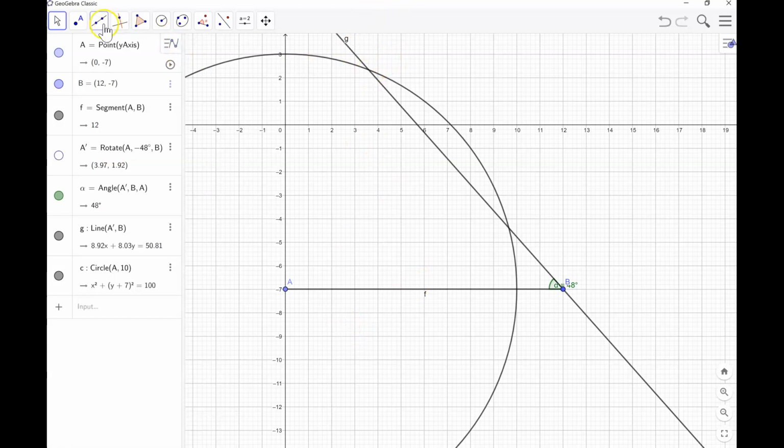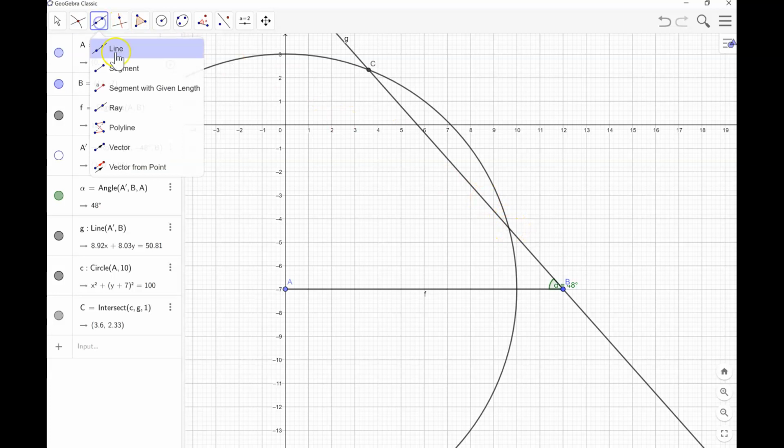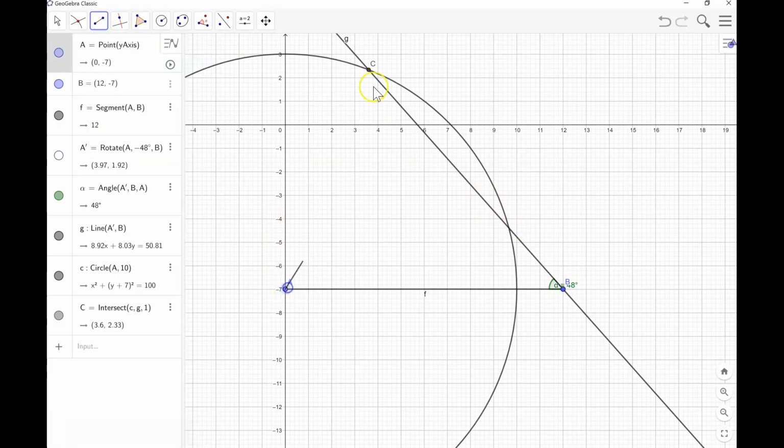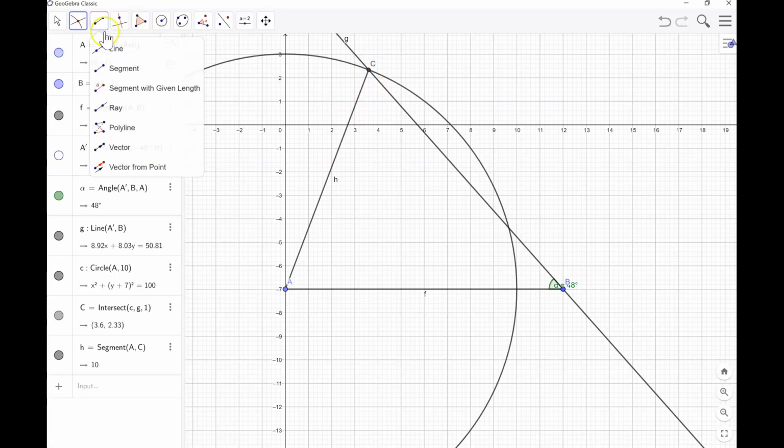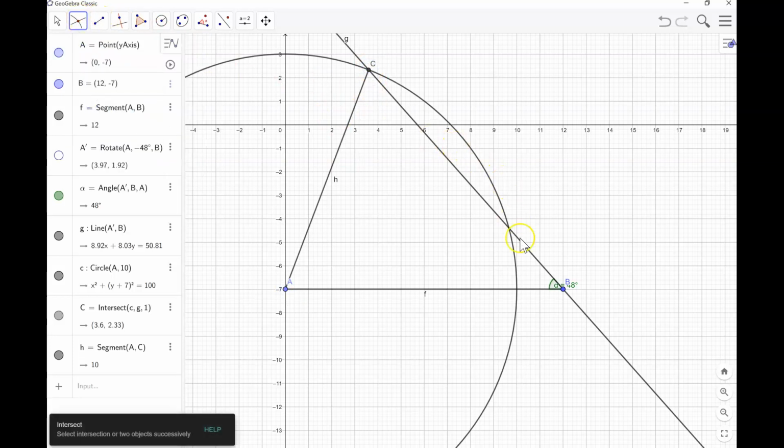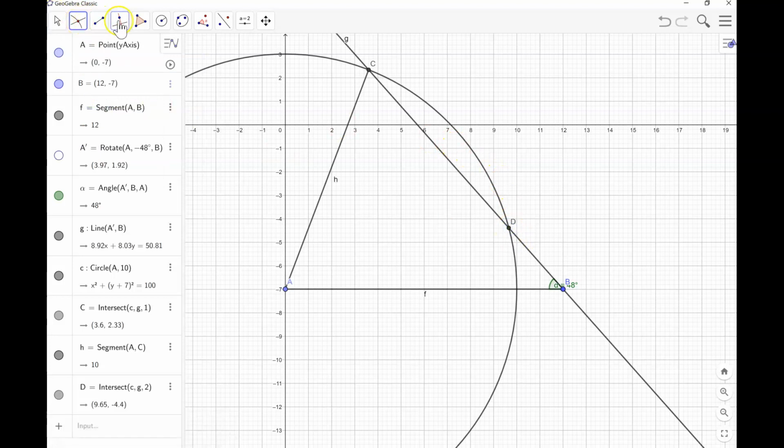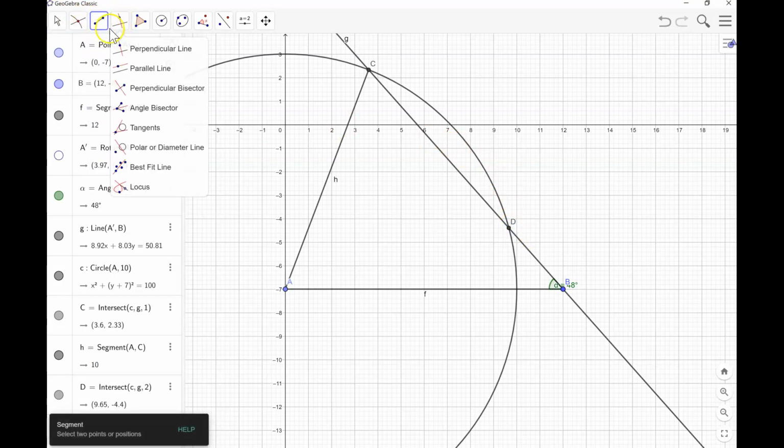So notice that there are 2 places where we can form a triangle, right? You could make the triangle ABC, or you could make the triangle ABD.